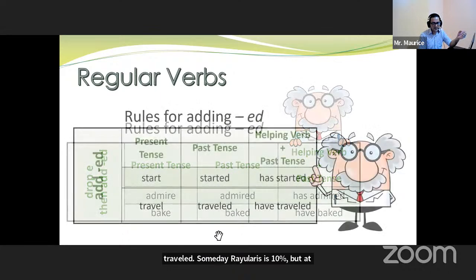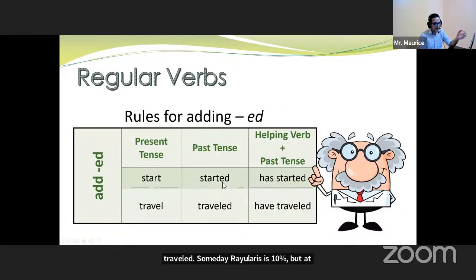Para transformar estos verbos al pasado, simplemente les añado el sufijo ed. Pasado, started, y pasado, traveled. Entonces tenemos columna del presente y columna del pasado. Start, started. Travel, traveled.